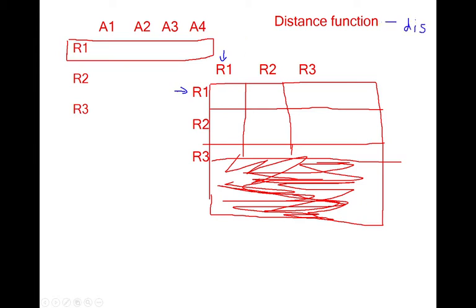It will be a numeric value, and that numeric value will be placed here. If you see here, we have given this distance function two records, both are the same, so the distance between them is most probably going to be 0, right?